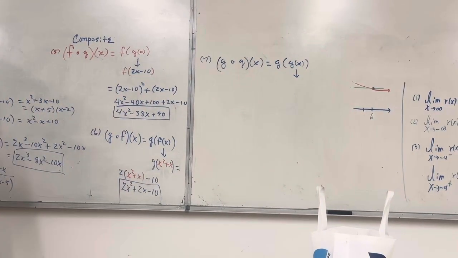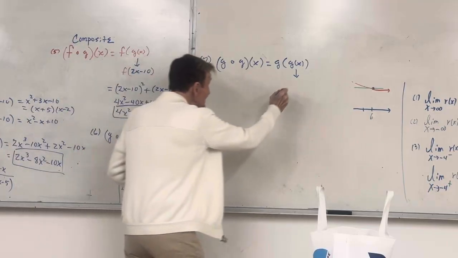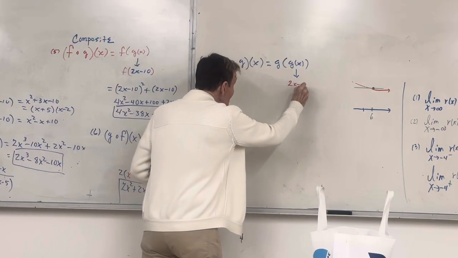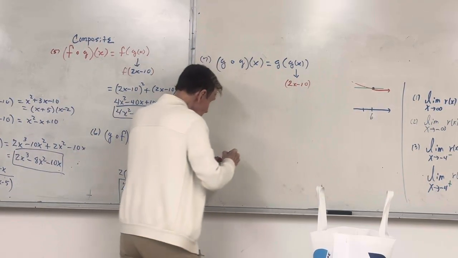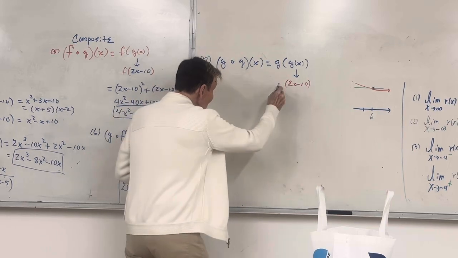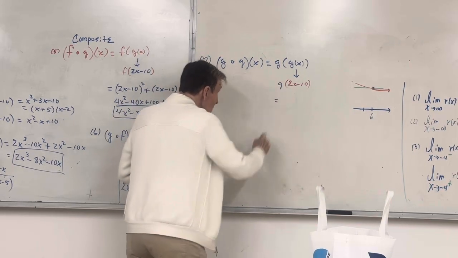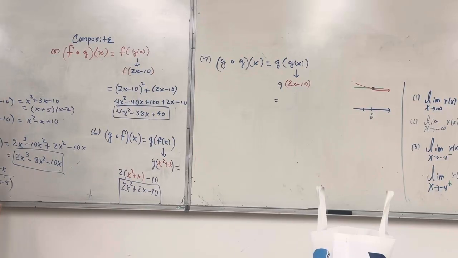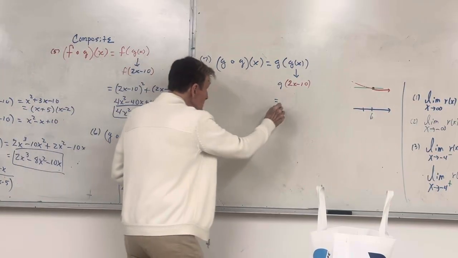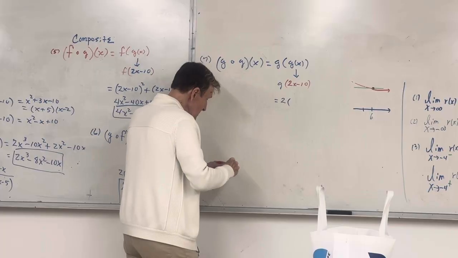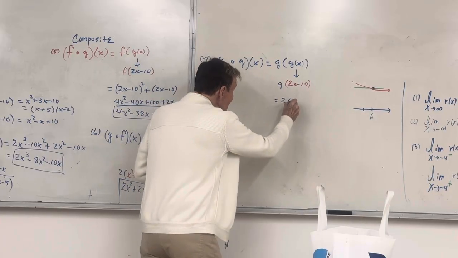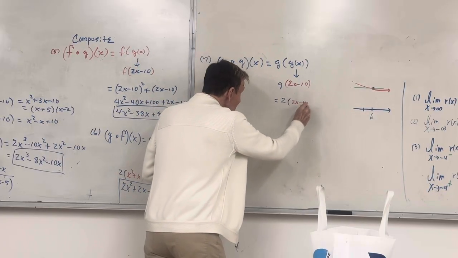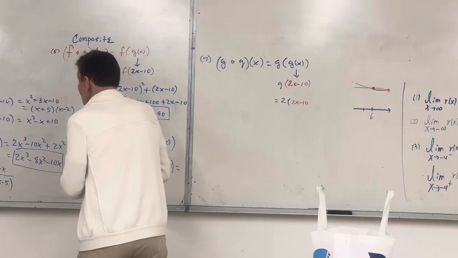G of x back here was 2x subtract 10. Put that in right there. G on the outside says please go to my g function. Go right back to my g function and put that red in. So it's 2 times (2x subtract 10). Close that up, subtract 10.